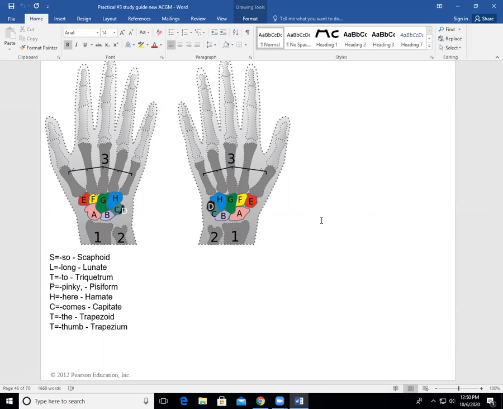In this terminology, A is your scaphoid, B is your lunate, C is your triquetrum, D is your pisiform. All right. H is your hamate.